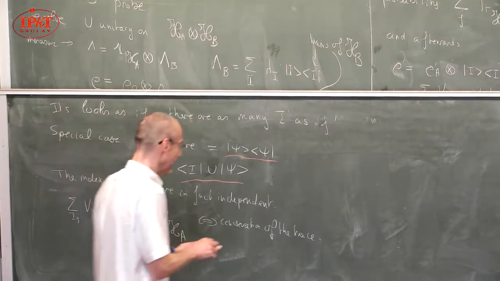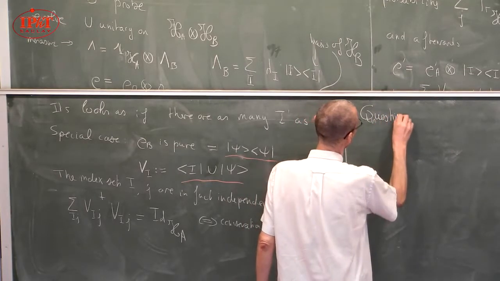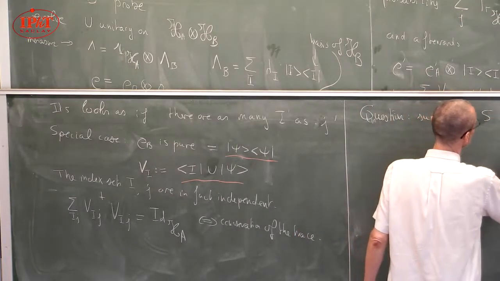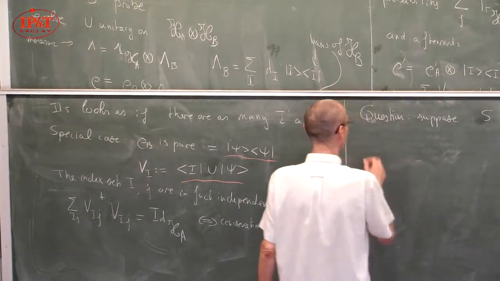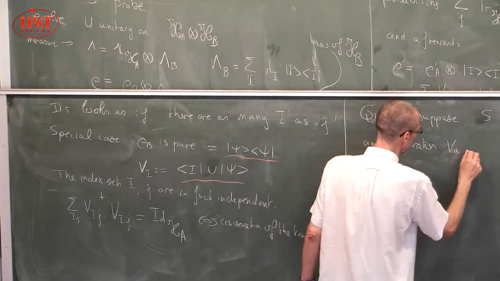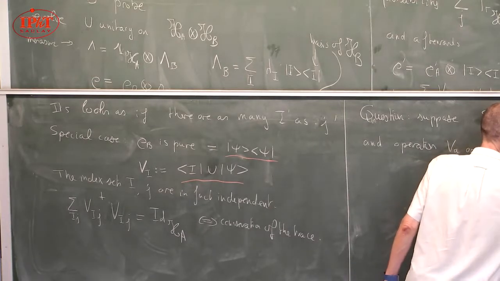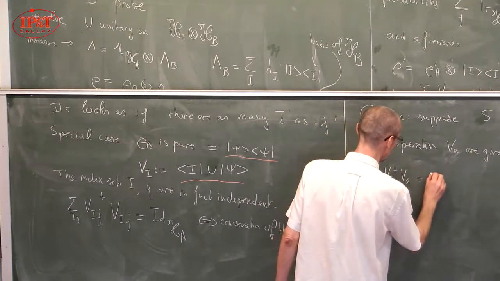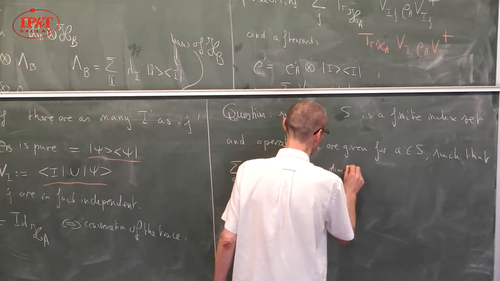Okay, so now this raises the question. Suppose S is a finite index set and operators V_a are given for a belonging to S such that the sum over a of V_a dagger V_a is equal to the identity on some Hilbert space H. And we assume that S is finite and we assume that the dimension of H is finite as well.